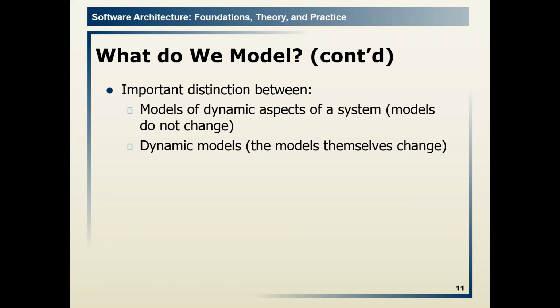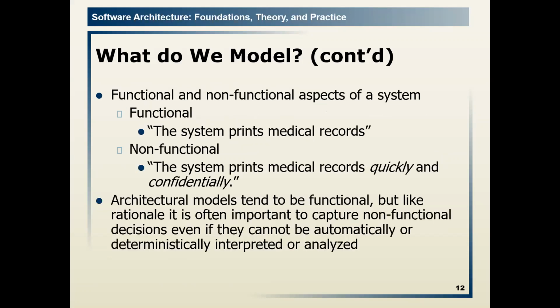Sometimes that kind of model is used, and then you should know that it is a dynamic model. Otherwise, if you are just modeling the dynamic aspects of a system using a static model, that is a different case. Then there are functional and non-functional aspects of a system, right?